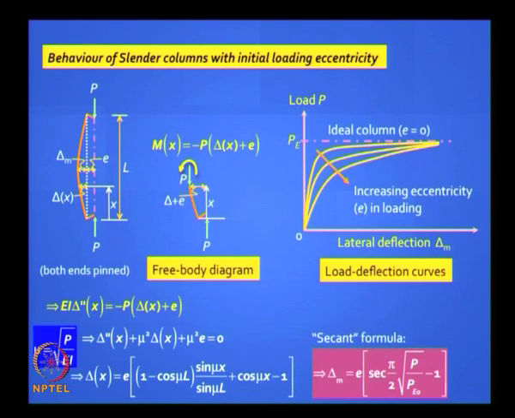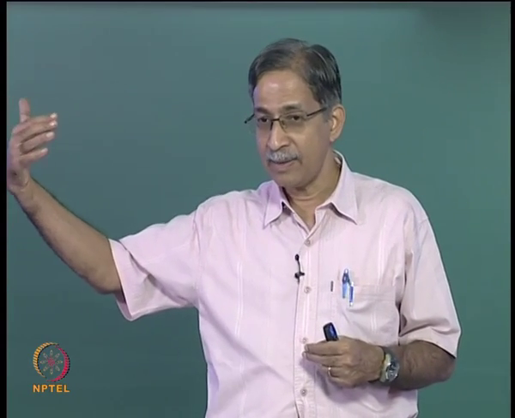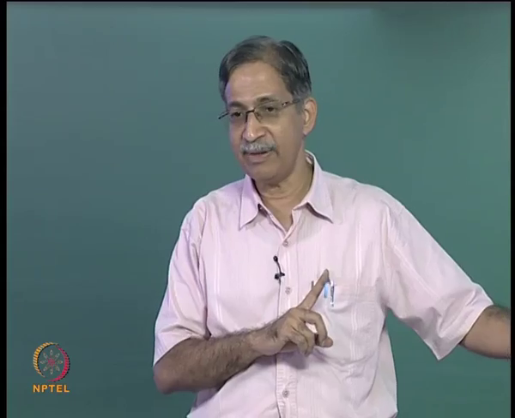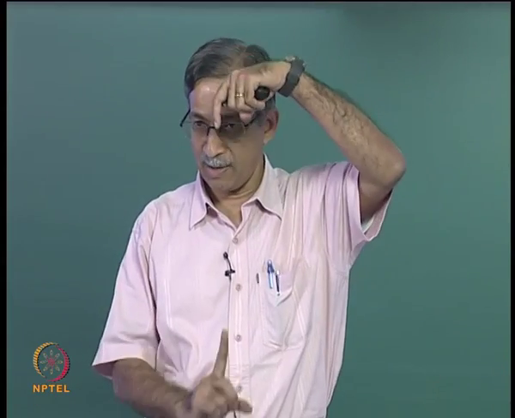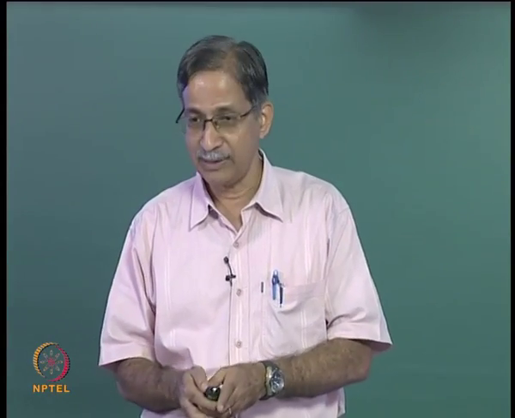So you will find all these lines theoretically will asymptotically hit your critical buckling load. Is it clear? This is the difference with respect to the earlier figure. In the earlier figure you had an ideal column, now you have the same ideal column, but we are deliberately putting a primary eccentricity, and these are the curves it will take. Is it clear? You have to know only this much.